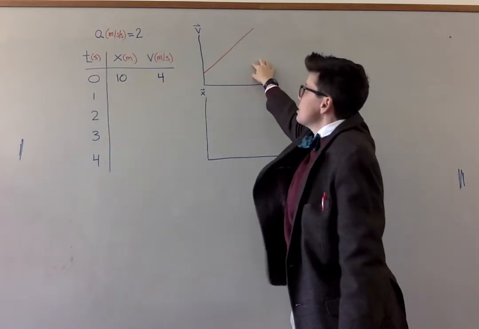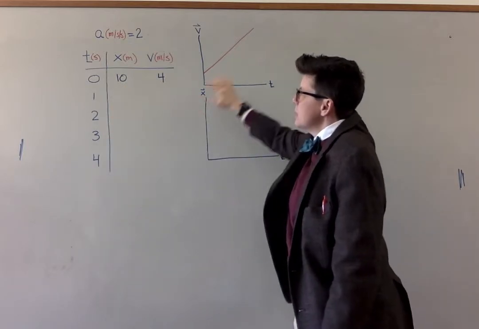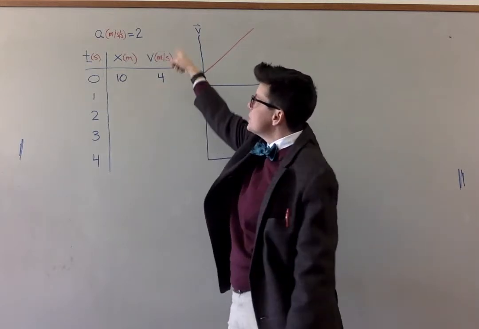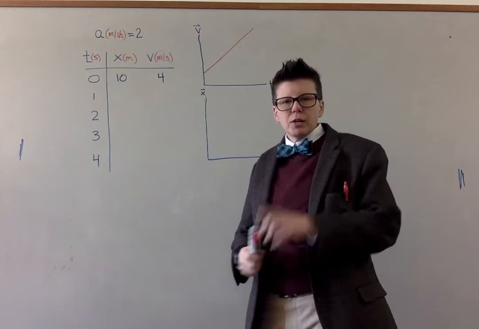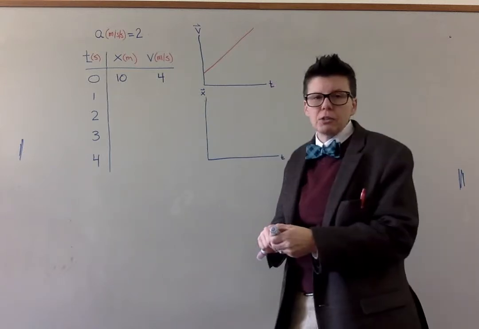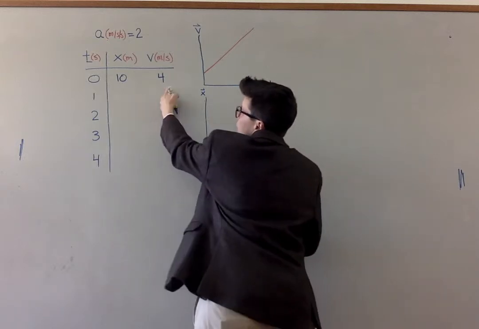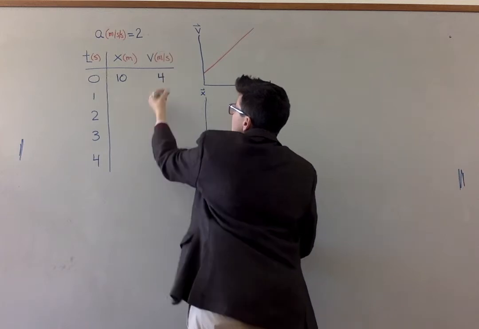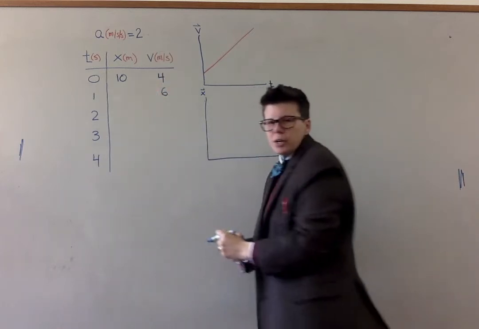So I've gone ahead and sketched out my velocity graph, but let's take a look at what that looks like as a column of values. So for every second on the clock, my velocity changes by 2 meters per second. Specifically, it increases. So for example, after 4 meters per second, 1 second later, I'm moving at 6 meters per second.